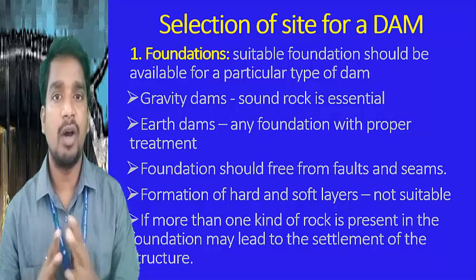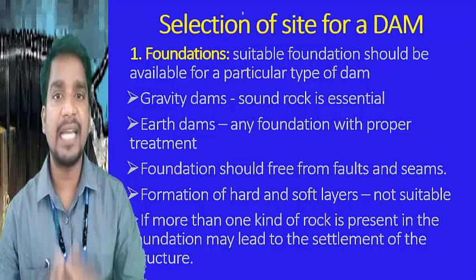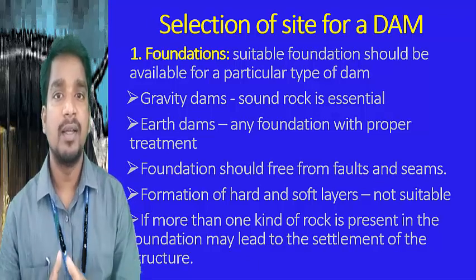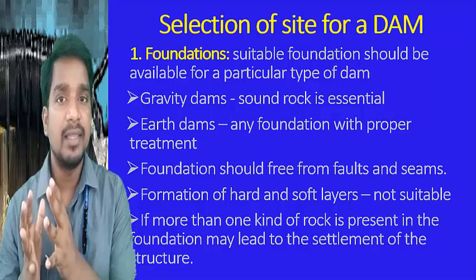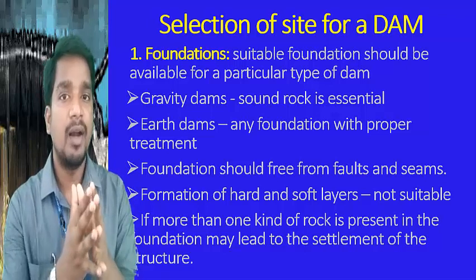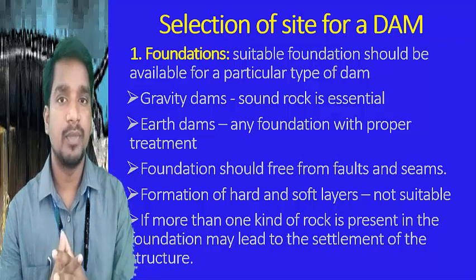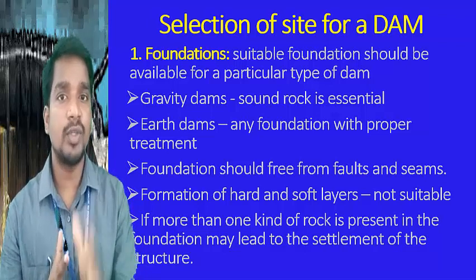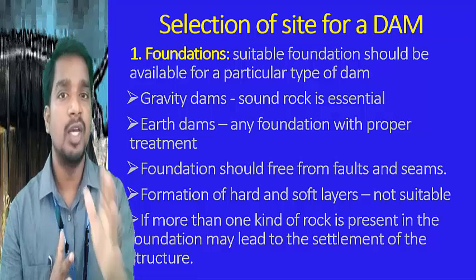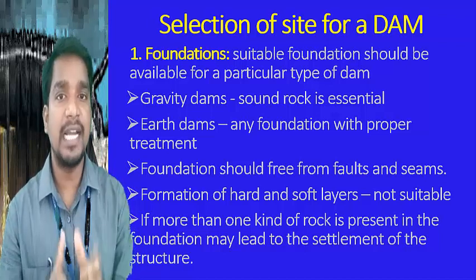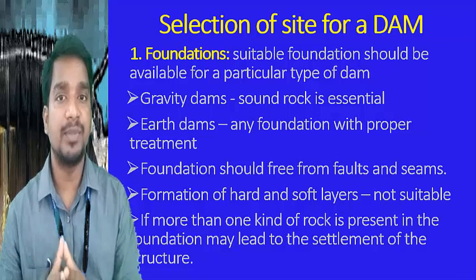If we have a strong rock base, we can construct any type of dam. But if you want to construct only a concrete gravity dam, then the foundation should be of rock type, and even with rock, there should not be any percolation losses. Permeable rock should not be there. That is the criterion if you prefer gravity dams.